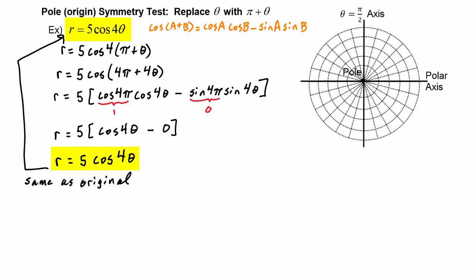So because it is the same as the original equation, therefore it has pole symmetry.